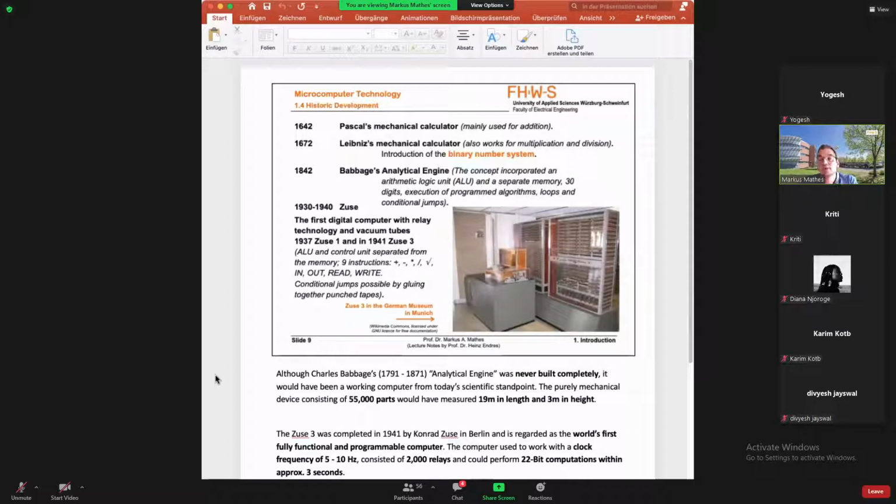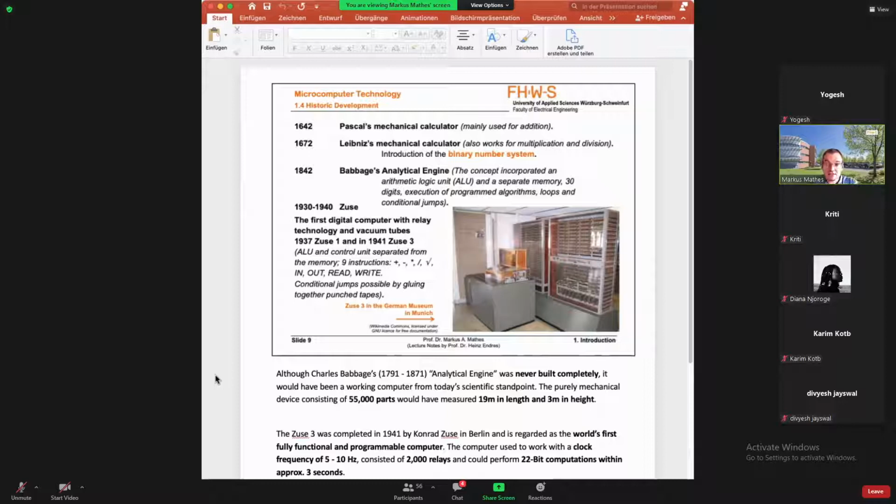Okay, so now we take a look at the historic development. Where did we start with microcomputers? And then we go step by step to the most recent approaches to design and use microcomputers.